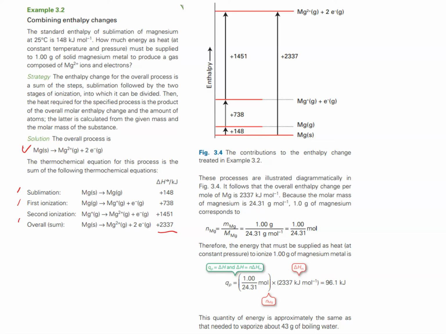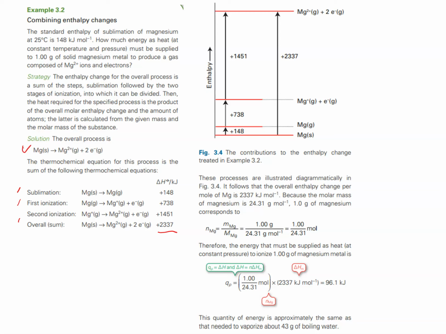We can visualize this in figure 3.4, looking at how all of these processes sum to a single total of 2,337 kilojoules. Now, it follows that the overall enthalpy change per mole of magnesium is 2,337 kilojoules per mole.